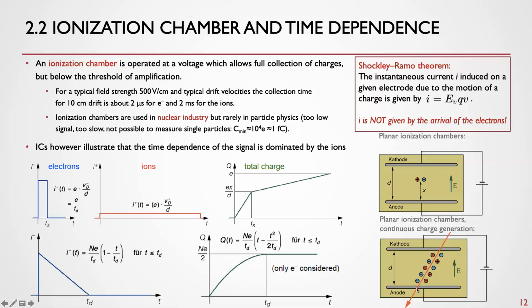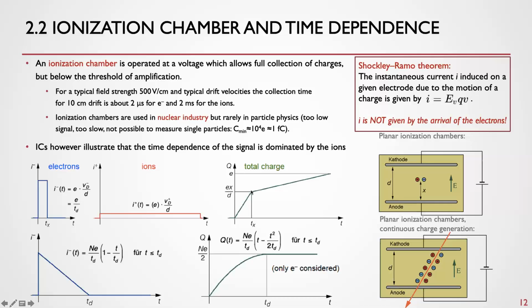In the beginning, the current is maximal because the whole ionization signal still moves, and then electrons begin to be absorbed at the anode, and that reduces the current, and that's why it drops. And the total measured charge, therefore, increases with a simple quadratic function. There's no need to derive it.